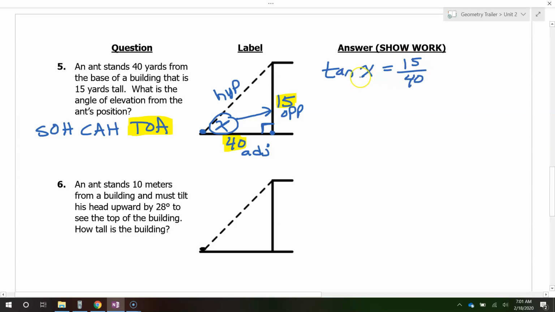Now, do we multiply, swap, or inverse? When the variable is inside the trig function, that is when we inverse. So we will do inverse tangent of 15 over 40, and that should equal x.